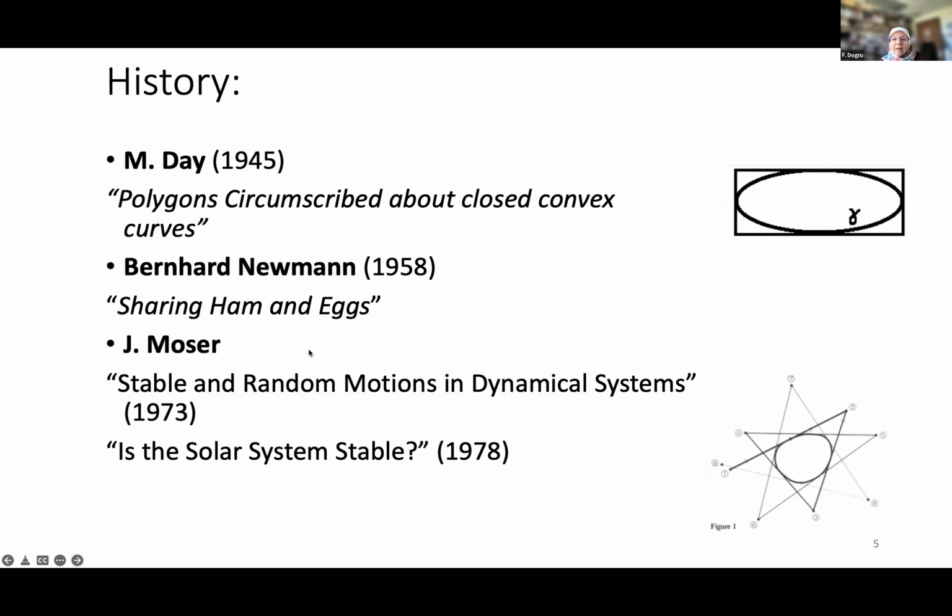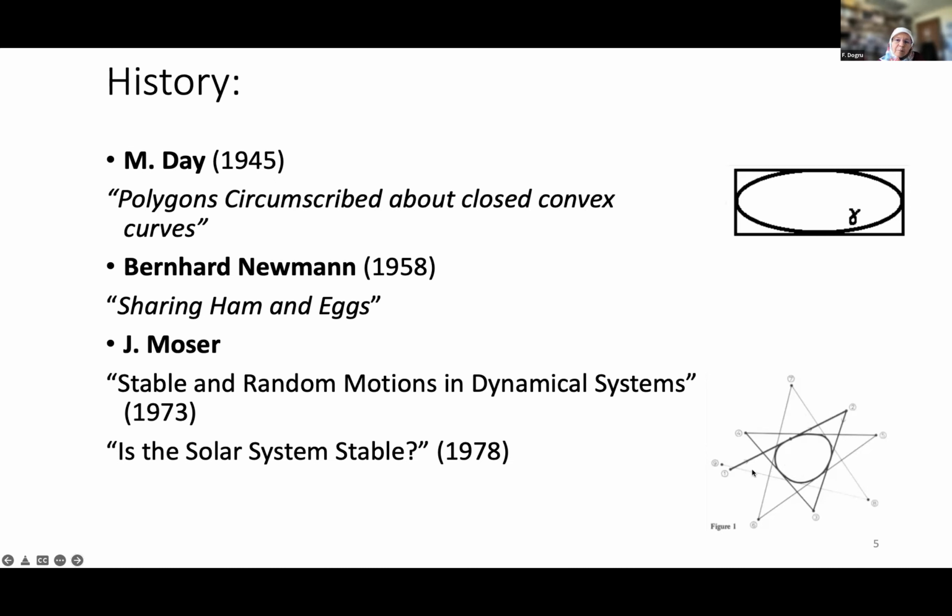I heard of it, but I have never seen it. But Moser realized this was a very important map and popularized it in the 1970s. He used this map as a crude model of planetary motion in his paper. Actually, this picture is directly from his paper.